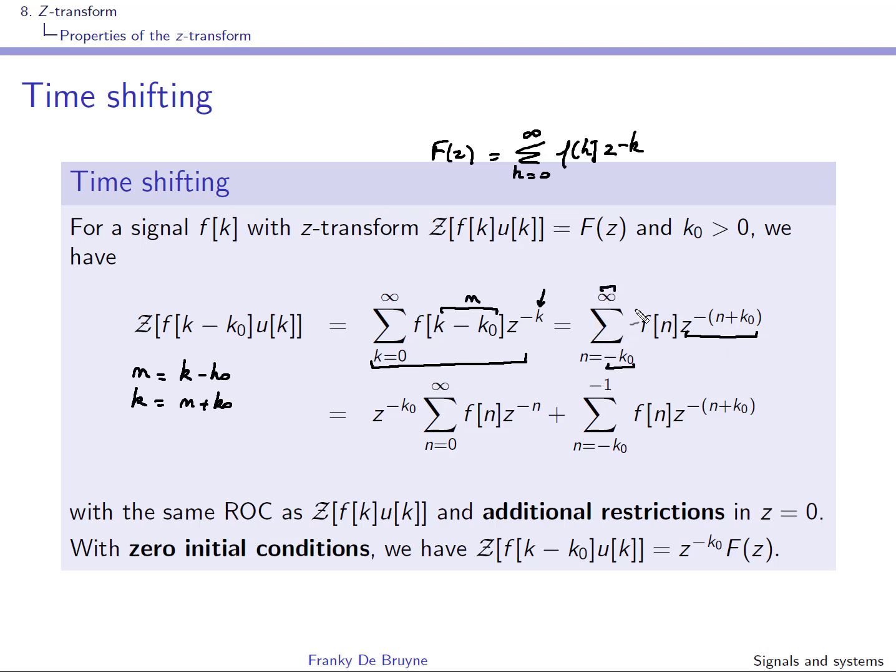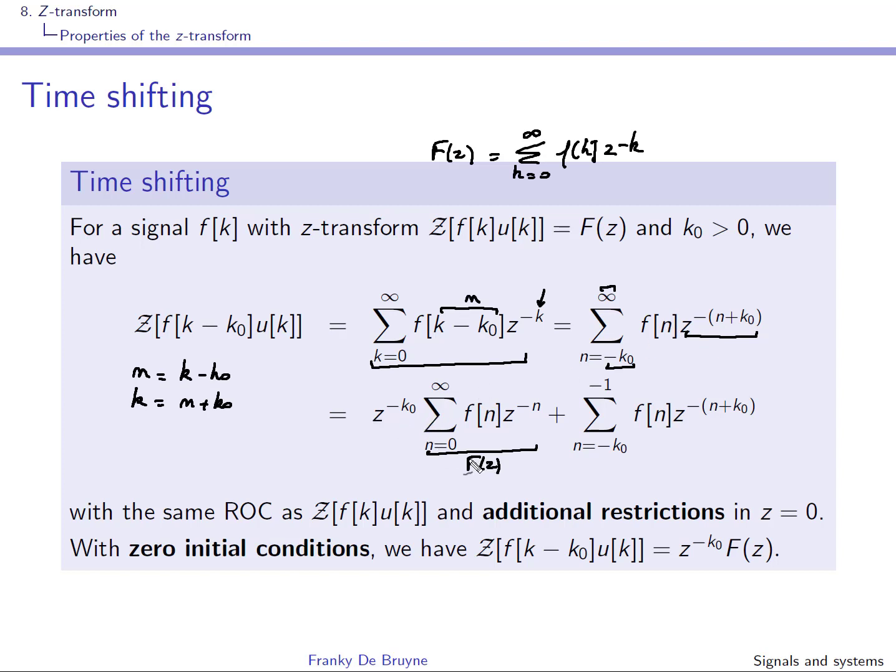What we can do now is decompose this sum in two terms, one that goes from 0 to infinity. This is because we want to recover here the Z transform, right? So we have one term that is the sum from 0 to infinity, and then observe that the z to the minus k0 does not depend on n, so you can take it out.